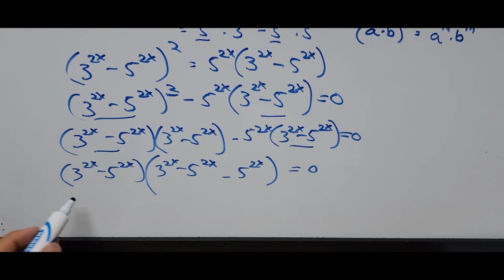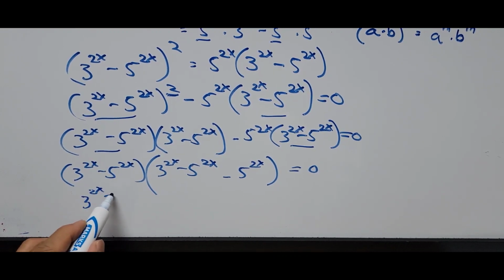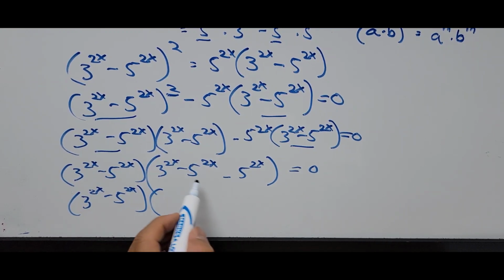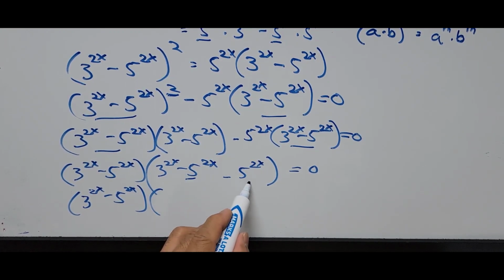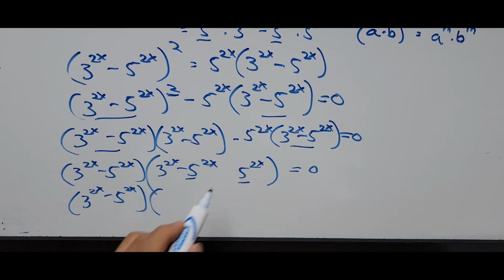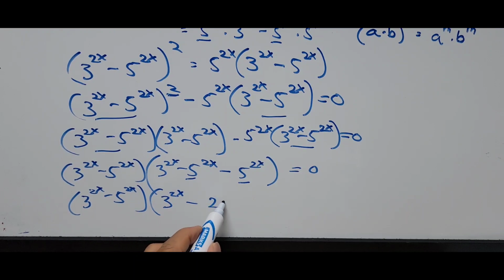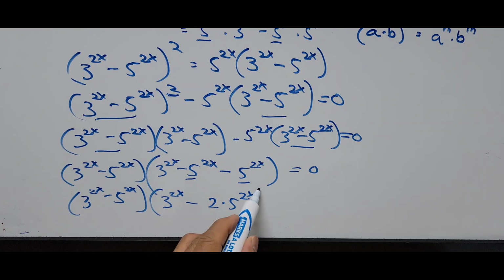Simplifying the equation further, that's 3 to the 2x minus 5 raised to 2x times the quantity, if you notice, 5 to the 2x and then 5 to the 2x right here, that's 3 raised to the 2x minus 2 times 5 raised to the 2x, equals 0.